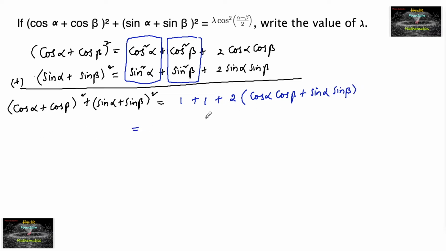So this is equal to 1 plus 1, 2. We can take 2 common, so 1 plus, and cos alpha cos beta plus sin alpha sin beta is nothing but cos of alpha minus beta.